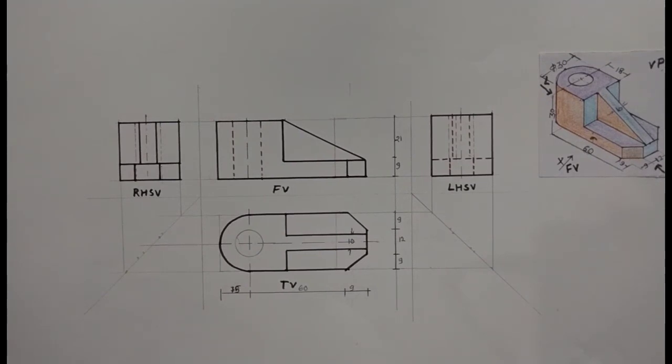Here your right hand side view and left hand side view are similar, but a few lines are not visible in the different views, so they are represented with dotted lines. Thank you for attending the class.